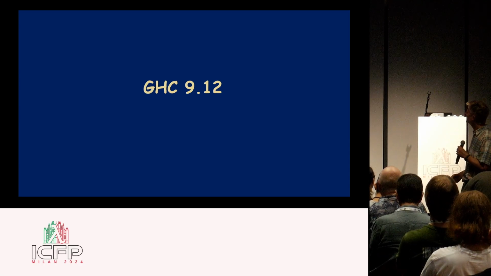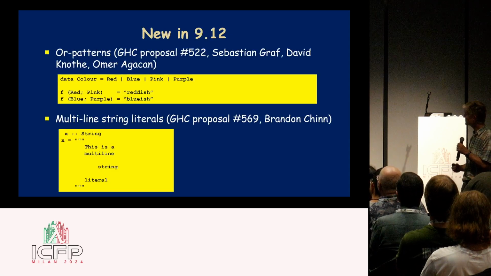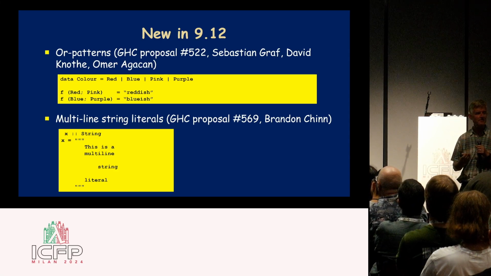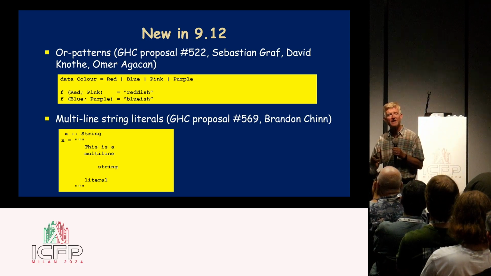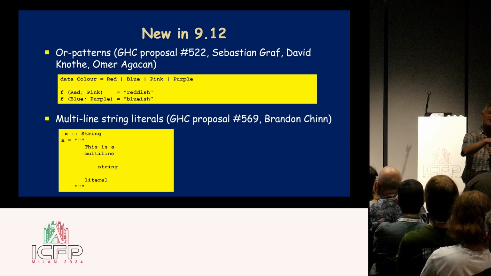But the upcoming fork, and therefore the thing we're working on now, what's come since 9.10: or-patterns. So this again was a GHC proposal, which Sebastian Graf and others wrote. These are patterns that don't bind variables. In the end, the steering committee pulled back from saying, oh, can you have an or-pattern that binds multiple variables?